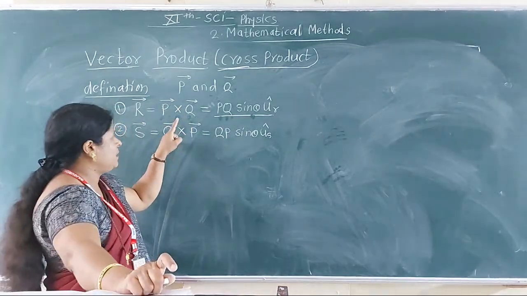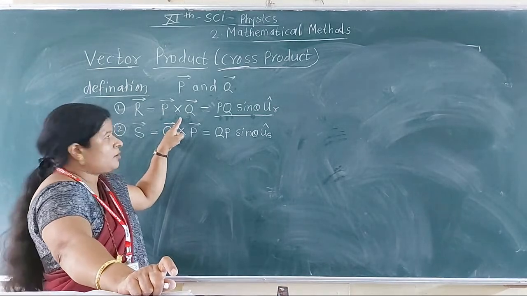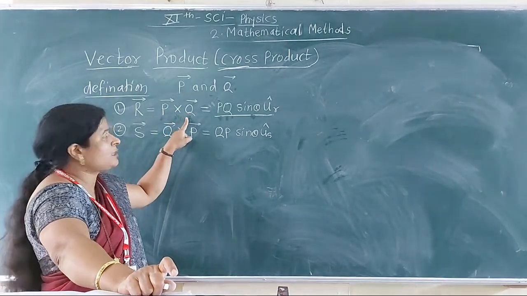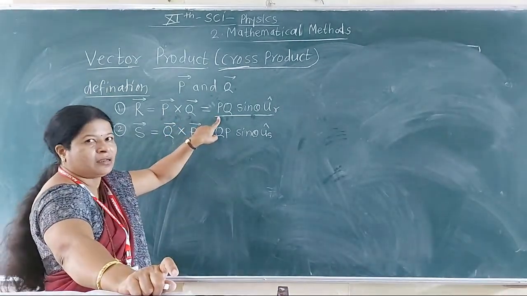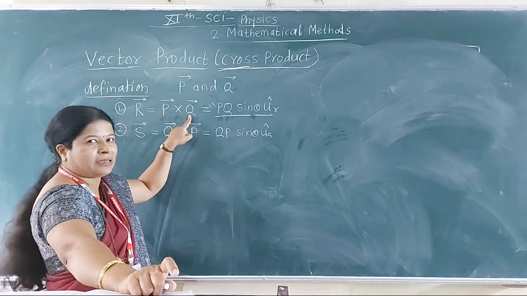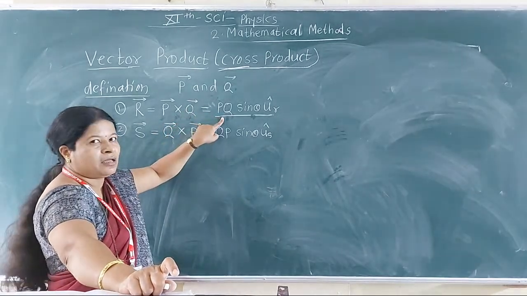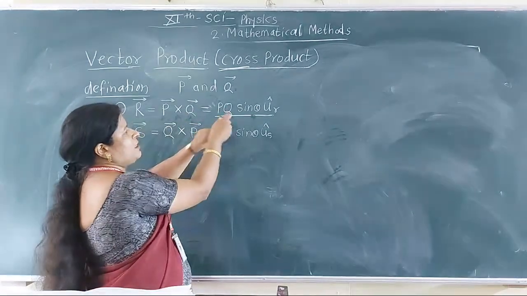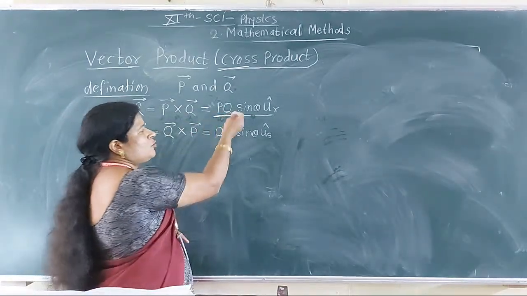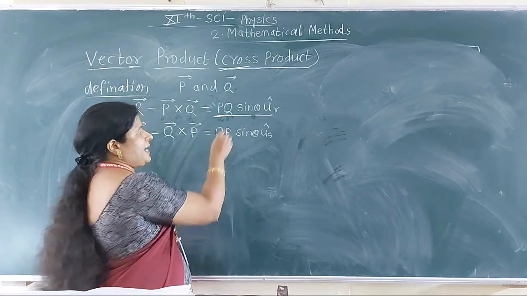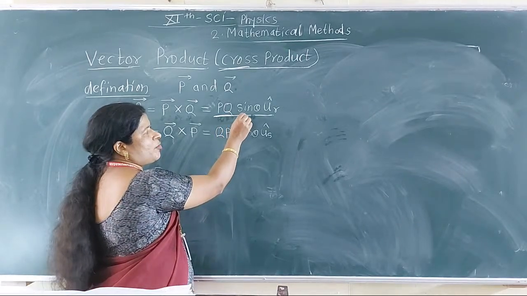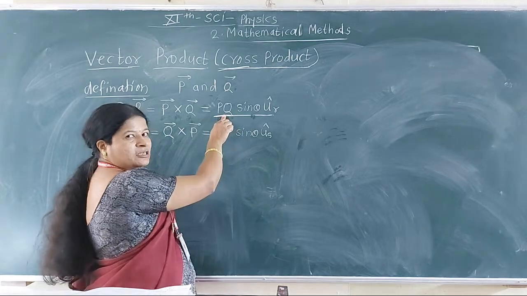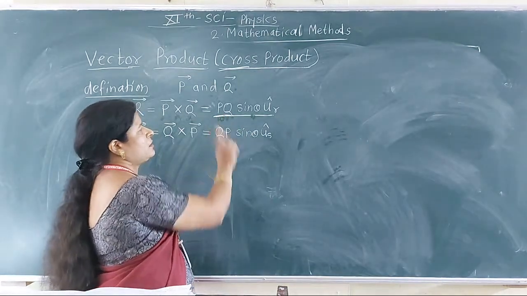Again I repeat, the cross product or vector product of two vectors is a vector of the product of the magnitudes of two vectors and the sine of the smaller angle between these two vectors.